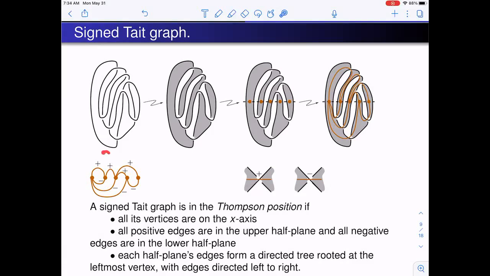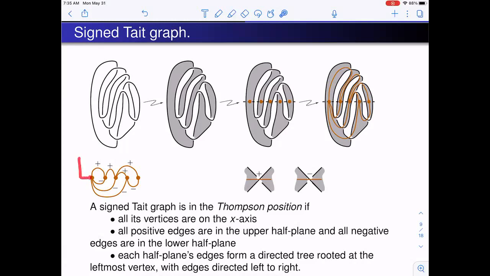The Tate graph encodes the diagram. Now I would say that the signed graph, the Tate graph, is in the Thompson position if all the vertices are on the x-axis, and we can always do that, and all positive edges, the edges with pluses, are in the upper half plane, and all minuses are in the lower half plane. Also, in each half plane, the edges form a tree.